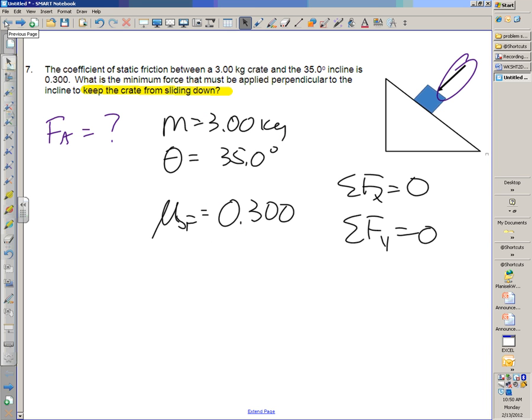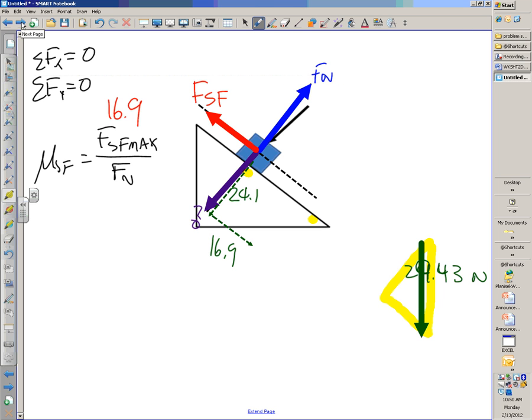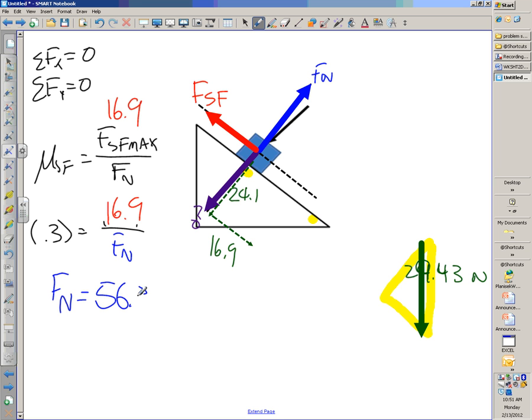So if we go back, we find out that our coefficient of static friction was equal to 0.3. Taking it back here, 0.3 equals 16.9 over the normal force, we find out that the normal force has to be equal to 56.3.